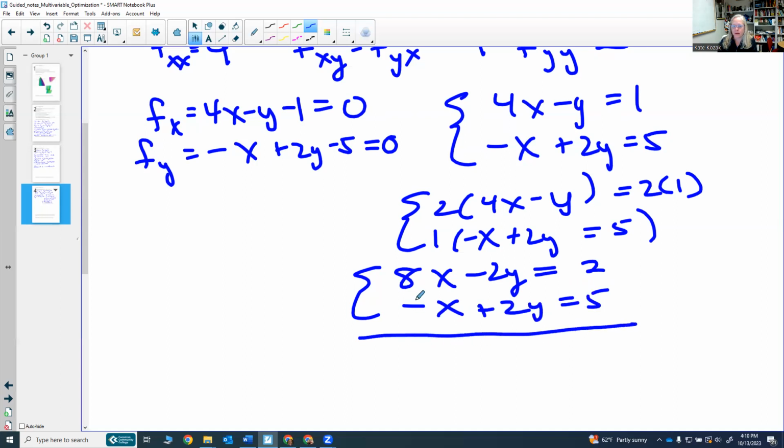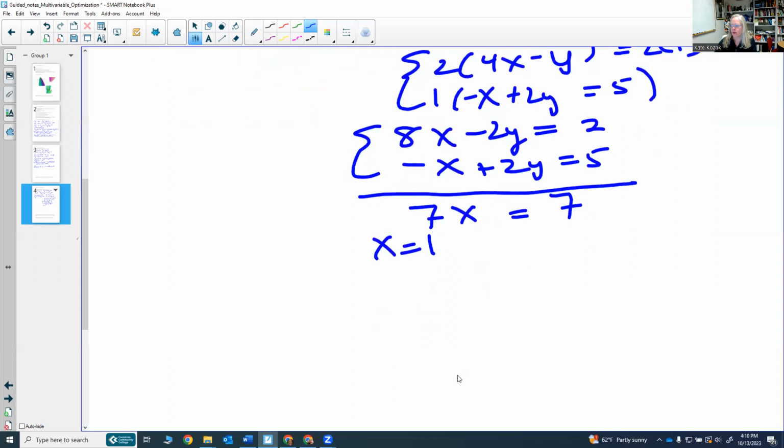Adding the two equations together, you get 8x minus x is 7x is equal to 7. So x is equal to 1. So minus 1 plus 2y equal to 5 says that y is equal to 3. So the critical point is 1, 3.